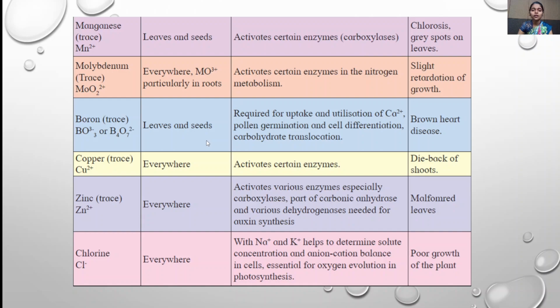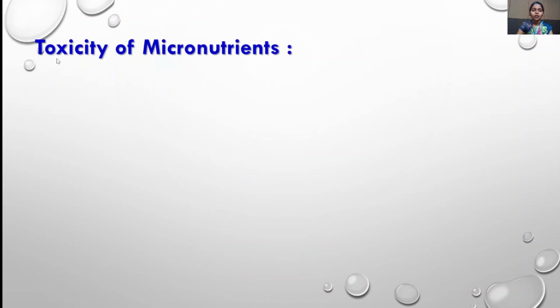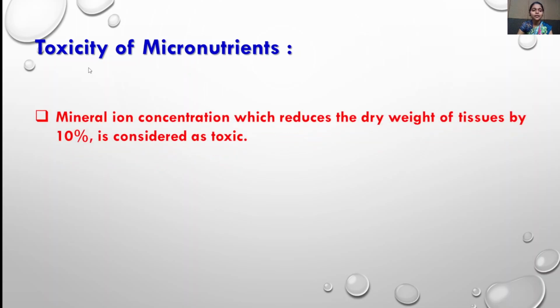These are the roles of elements in plants. Moving to the next slide. Toxicity of micronutrients: a mineral ion concentration which reduces the dry weight of tissues by 10% is considered toxic.